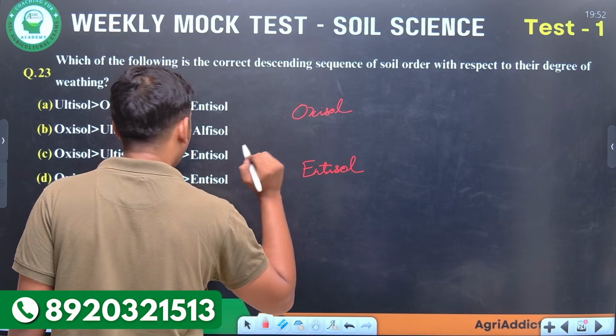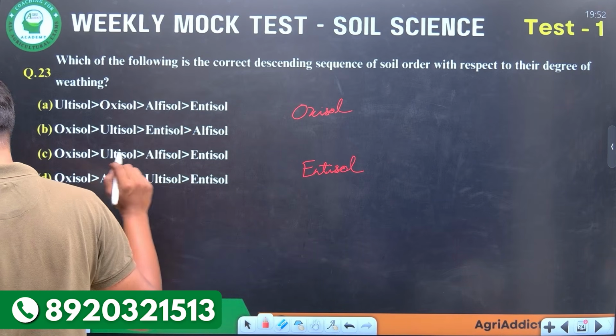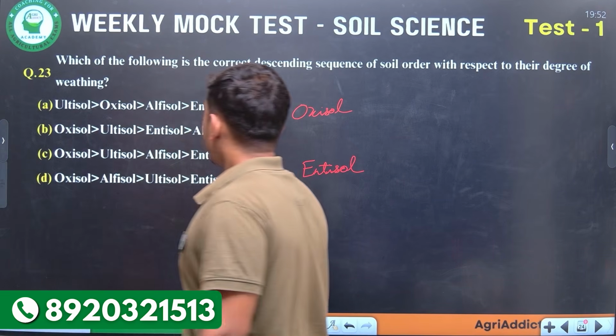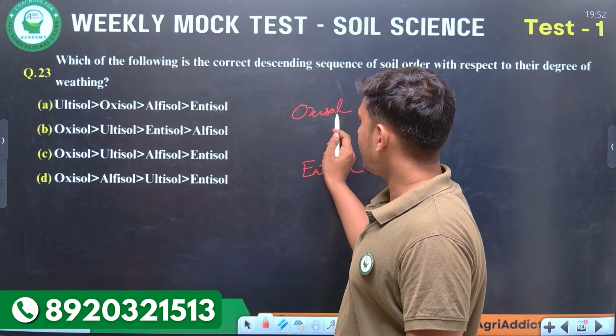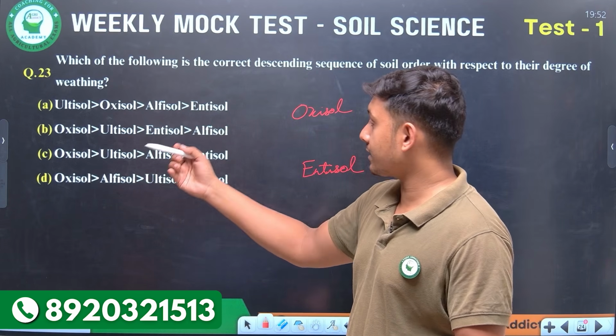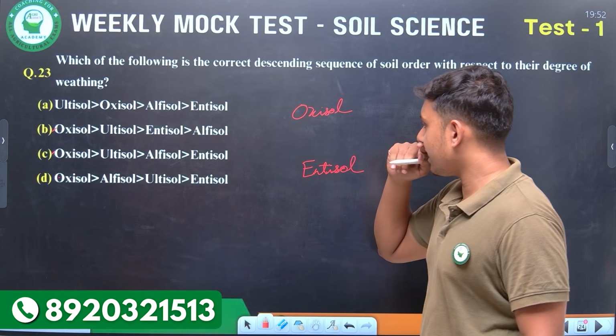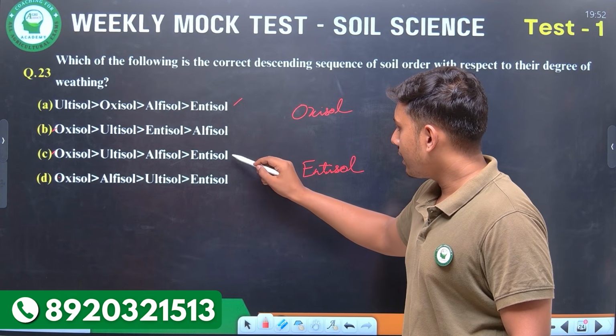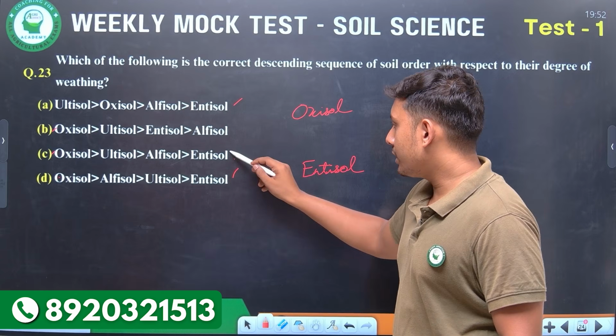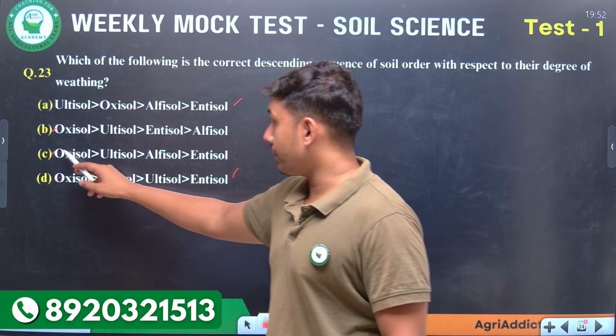So in this case we will find oxisol on the greater side and entisol on the least side.